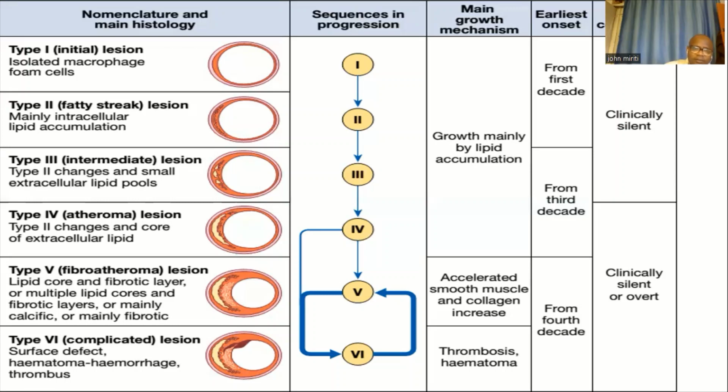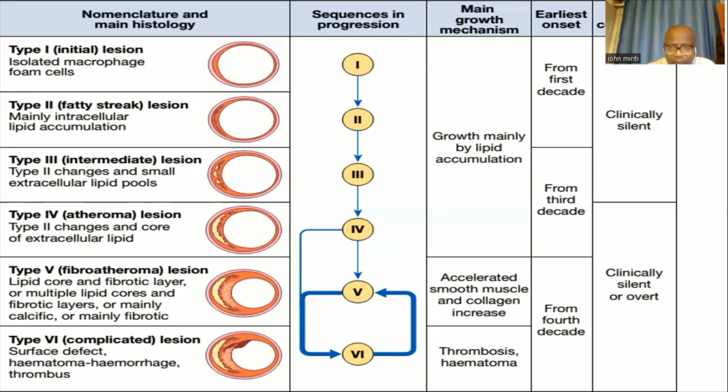The fibrous tissues are being deposited with the lipid growth, and there are calcifications, and you know very well that lipid and calcium are what form these atheromas. So there is a deposition. This one forms from the fourth decade of life.